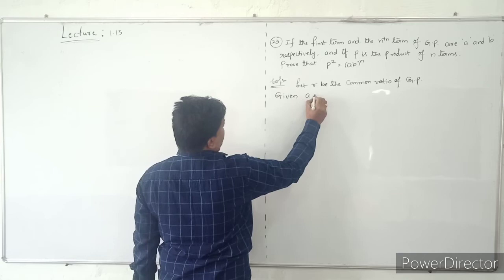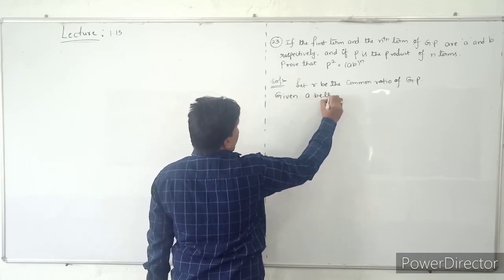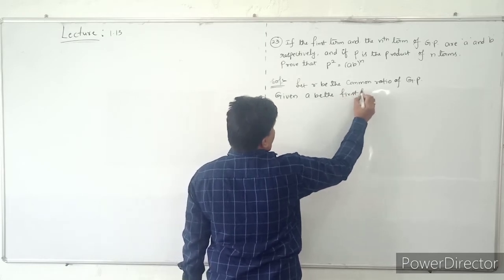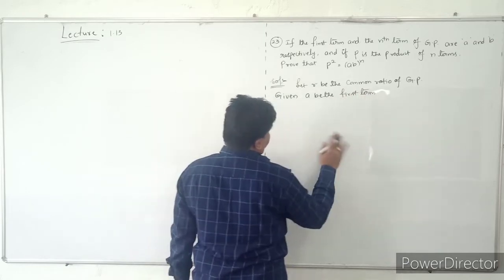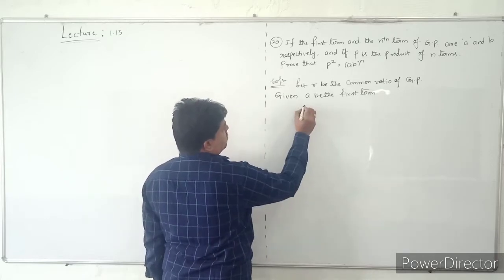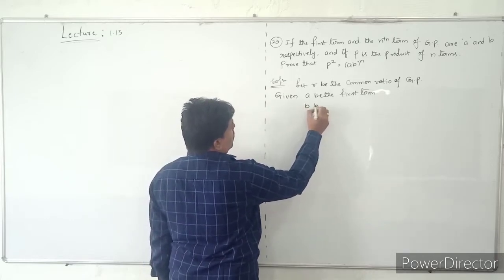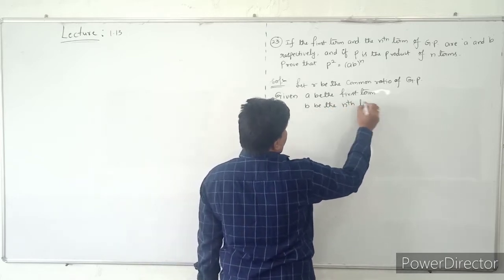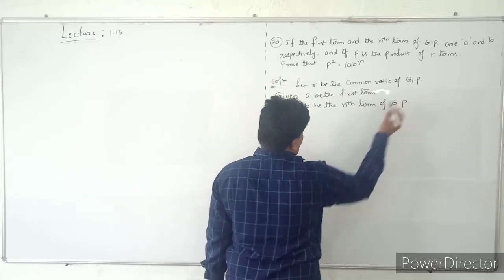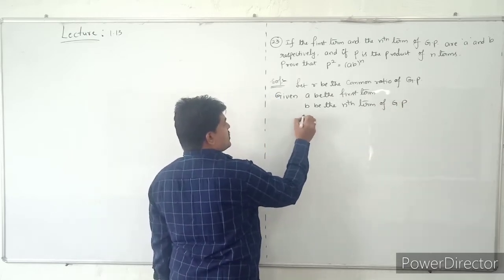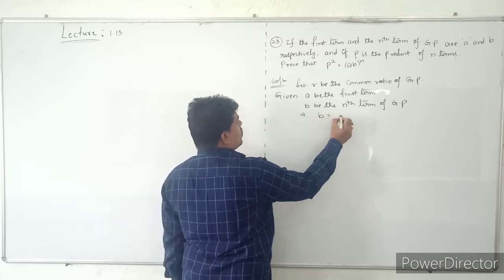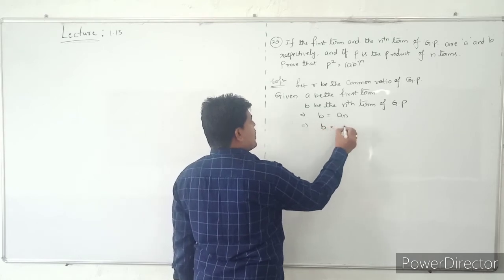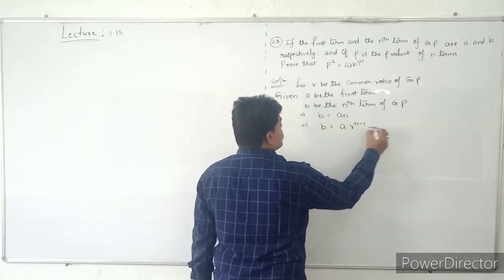Let A be the first term, and let B be the nth term of the GP. That implies B is equal to An. What is the An? A into R power n minus 1. So that is the bn.